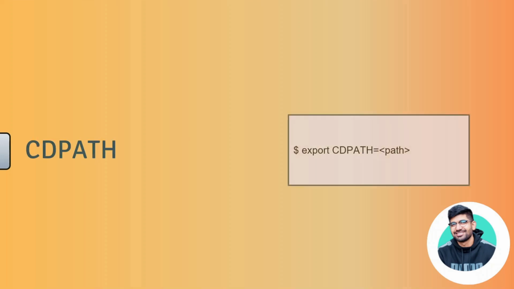Let us see a few hacks with the cd command. First is CDPATH. It is used to define the base directory for the cd command. So if you are frequently doing cd to subdirectories of a specific parent directory, you can set the CDPATH to the parent directory and perform cd to the subdirectories without giving the parent directory path.